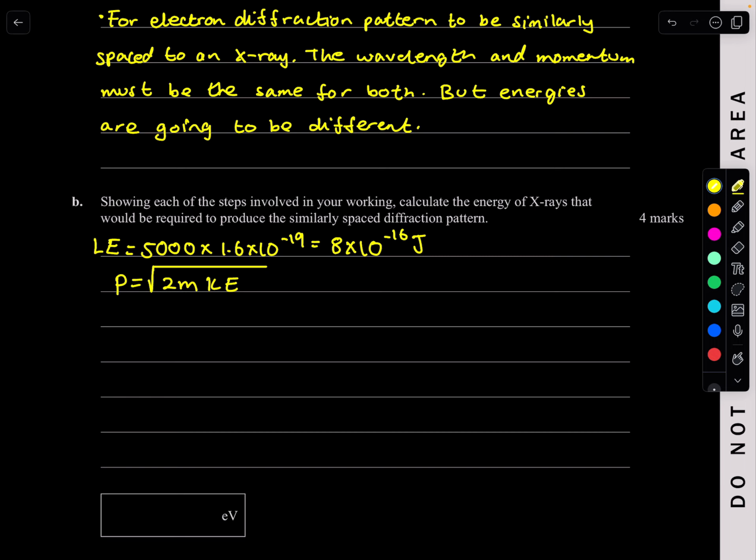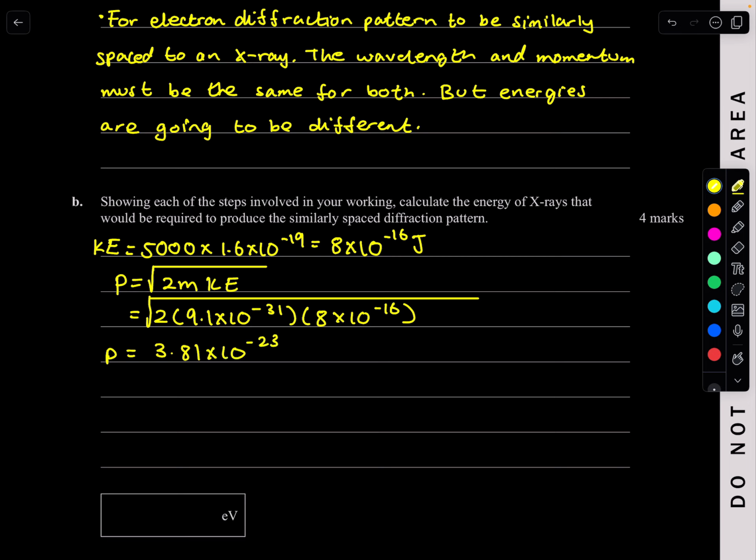So we write that down: 2 times the mass of the electron, which is 9.1 times 10 to the negative 31, times the kinetic energy of the electrons. Square root of 2 times 9.1 times 10 to the negative 31 times that. That gives me a momentum of 3.81 times 10 to the negative 23 kilogram meters per second.